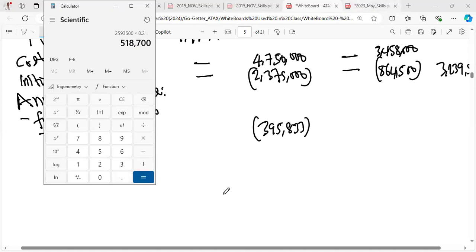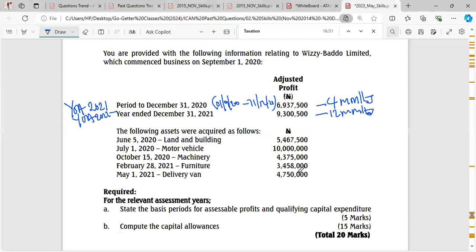So we'll ask ourselves, this furniture and fittings, when was it bought? In February. It was put into use in February, even though it's on the last day. It was used in February, so we'll give it for February. So it was used for 11 months.